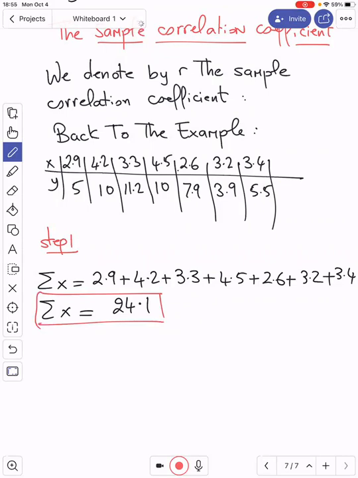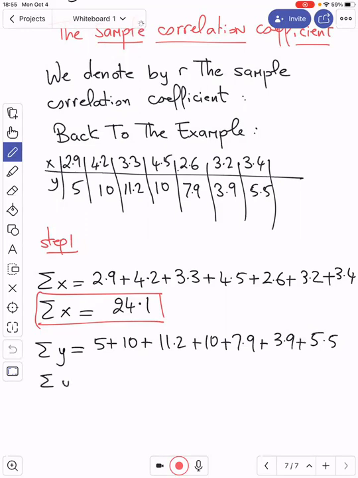Then you're going to need the sum of the y's. In this example, that would be 5 plus 10 plus 11.2 plus 10 plus 7.9 plus 3.9 plus 5.5.